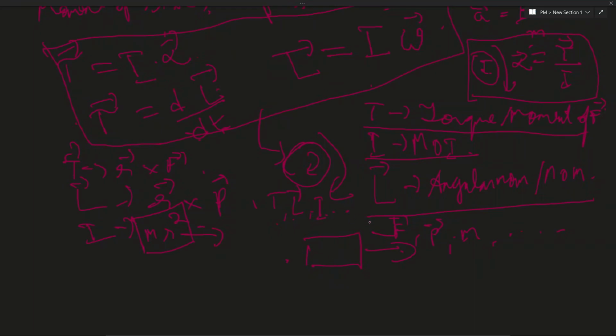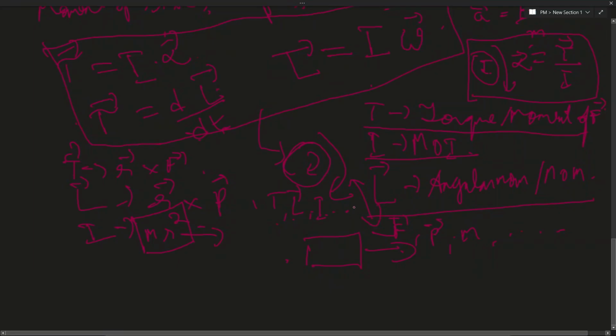And the interesting thing is that the reason for the difference between these two worlds is that the factor that affects rotation is basically torque and not directly force, and in linear motion it's directly force.